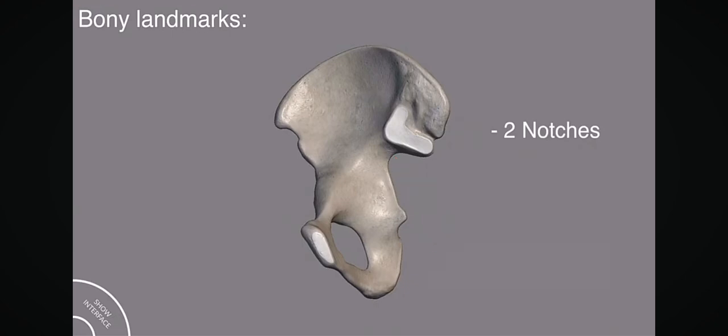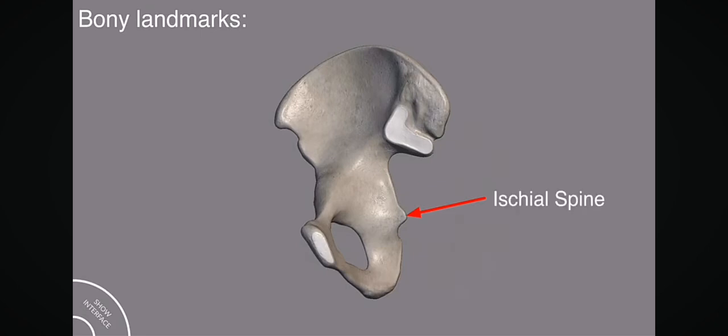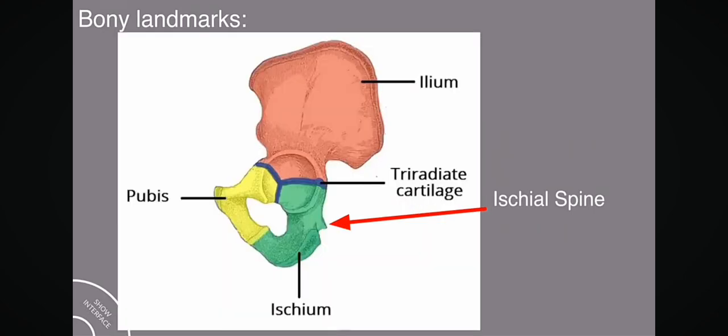As you can see, this one is the lesser sciatic notch, while this one is the greater sciatic notch. Between the lesser and the greater sciatic notch, this spine is called the ischial spine. It is called the ischial spine because it is located in the part of the ischial bone.